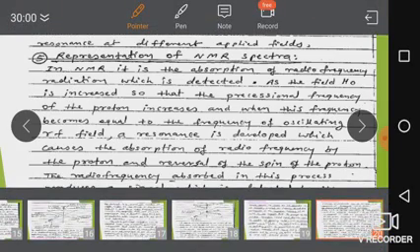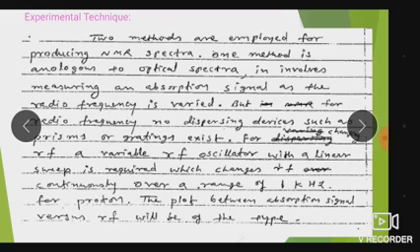Two methods are employed for producing NMR spectra. One method is analogous to optical spectra, and it involves measuring the absorption signal as the radio frequency is varied, but for radio frequency no dispersing devices such as a prism or grating exist.